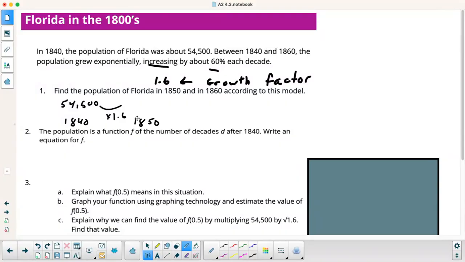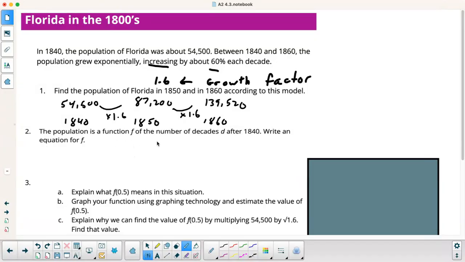So 54,500 times 1.6. Population is 87,200. And then if I times it by 1.6, that'll give me my population in 1860. So there's your answer. So 1850, 1860.